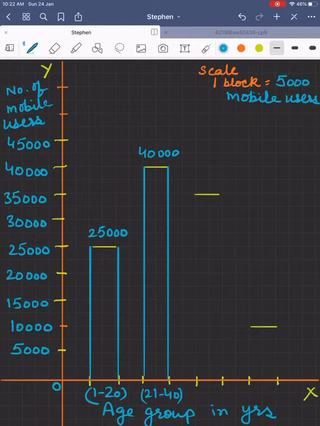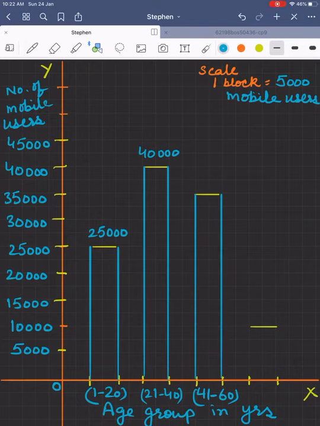Now in the age group of 41 to 60 years, and children, don't forget to leave equal gap. Now we take the height of the rectangle to 35,000, as the number of users in this age group is 35,000.